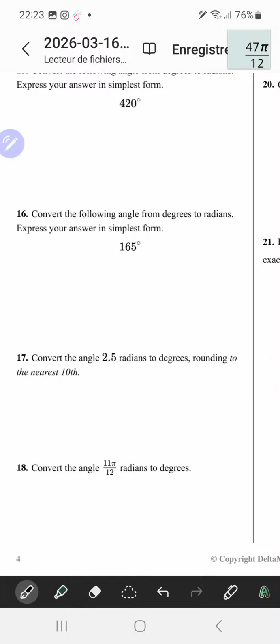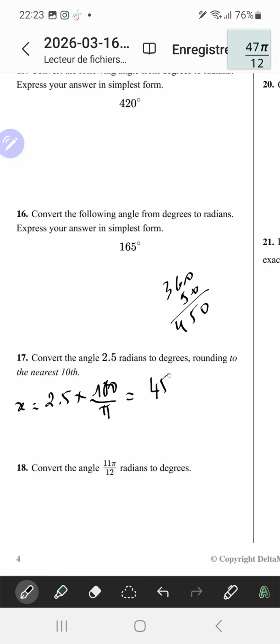Convert, rounding. Okay, so my x is 2.5 times 100 divided by pi. So this is 36 plus the half of, so it's 415 over pi.